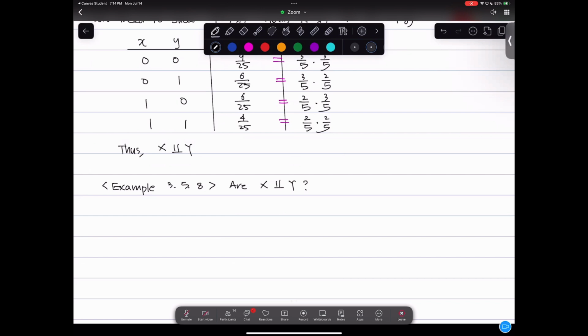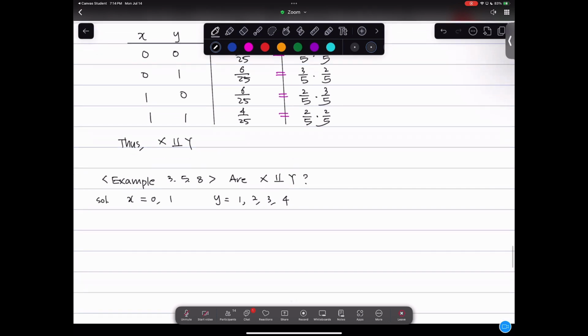Anyway, for this, your X values are either 0 or 1, and Y values are 1, 2, 3, 4 in that example. So in order to show that X and Y are independent, I have to go through 2 X values and 4 different Y values. So 2 times 4 is many extra ordered pairs to show that they're independent. But if they're not independent, one of them may not be true.